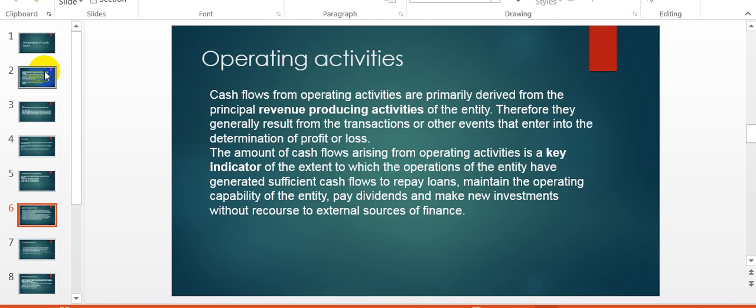That working will be to determine how much was the actual cash which has been paid out in terms of finance costs. So your working is computed as follows. You start with your opening balance. So you're going to have opening balance, then leave a space, bring your closing balance, which you're going to close off.